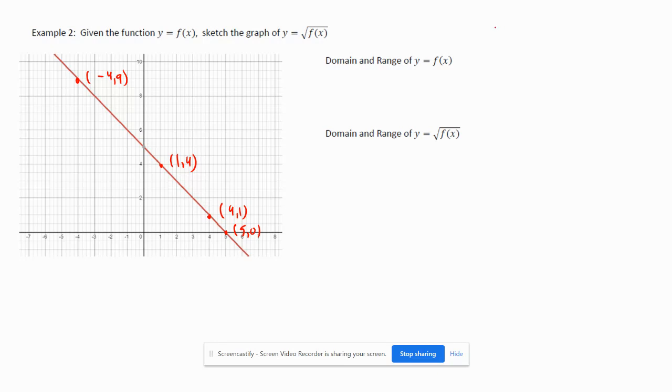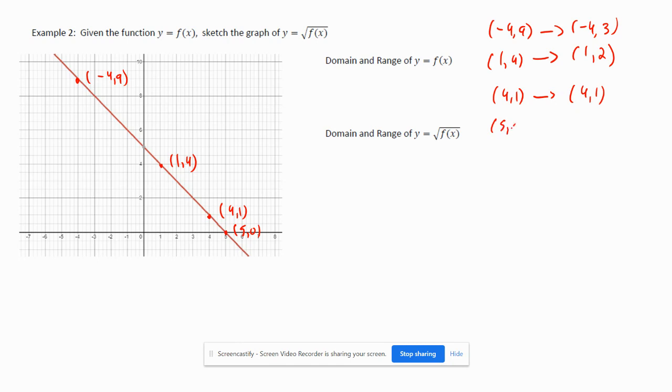So (-4, 9) becomes (-4, 3). (1, 4) becomes (1, 2). (4, 1) is invariant, so it stays at (4, 1).